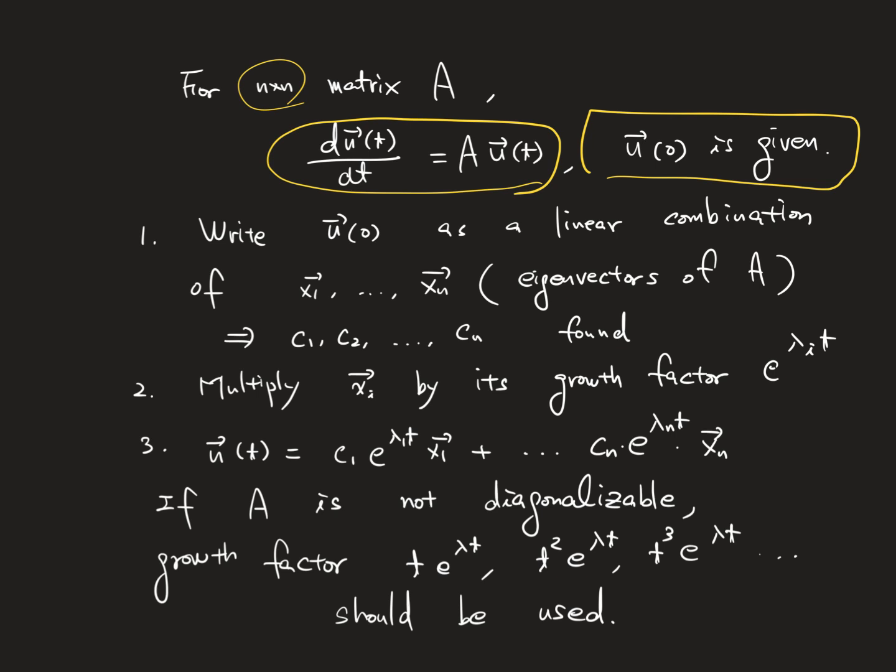I think we won't cover this case. You learn this when you talk about critical damping, when we have repeated roots, a repeated eigenvalue. But we're not going to concentrate on the case where A is not diagonalizable, because this course is just an introduction to linear algebra.